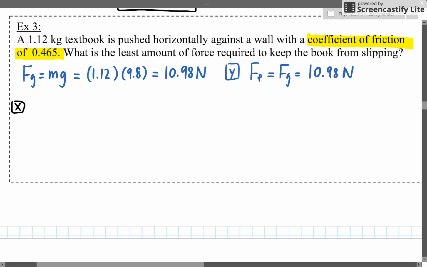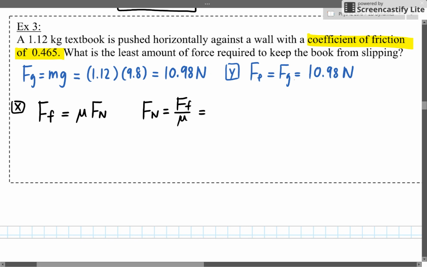Now we can get normal force. The way to get normal force is by looking at the equation for friction. Friction is equal to mu Fn, and we got friction. So to get Fn, we just take friction and divide it by mu.